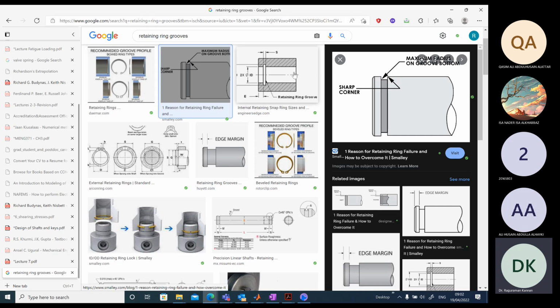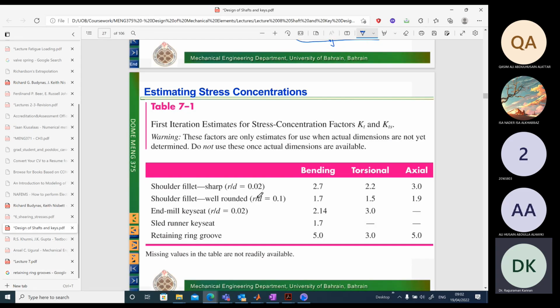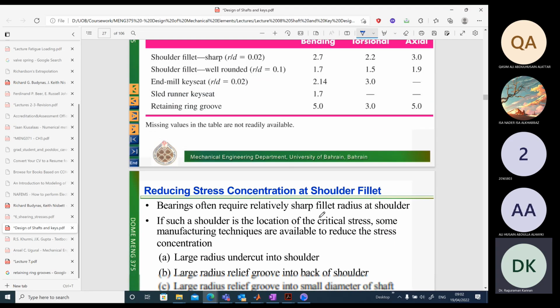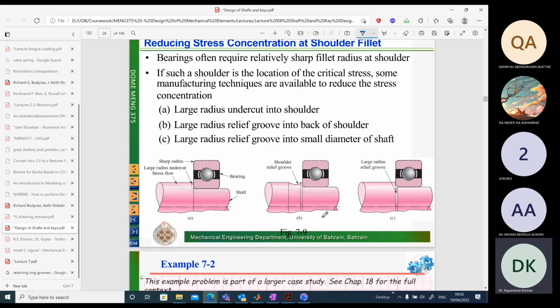These retaining rings are installed inside this groove, and they are used to position certain elements on the shaft, for example your bearings. If you have a retaining ring, you can see very high stress concentration effects. So these are the things you will use for standard design.